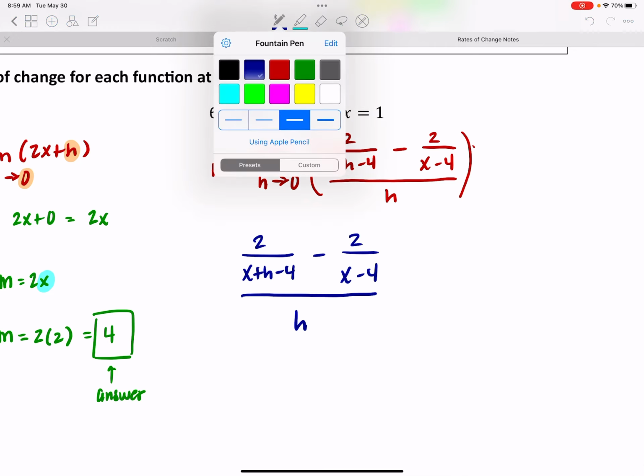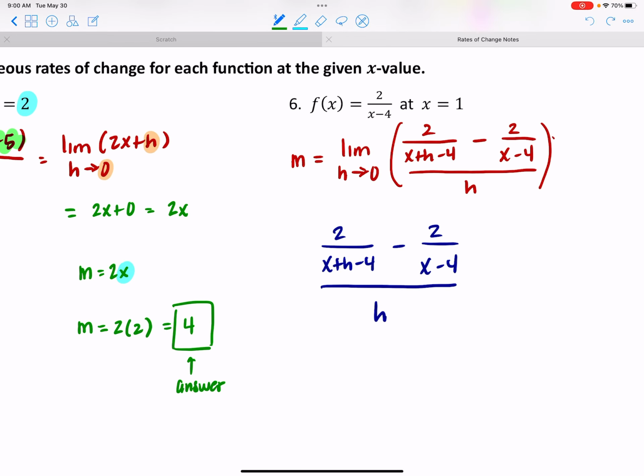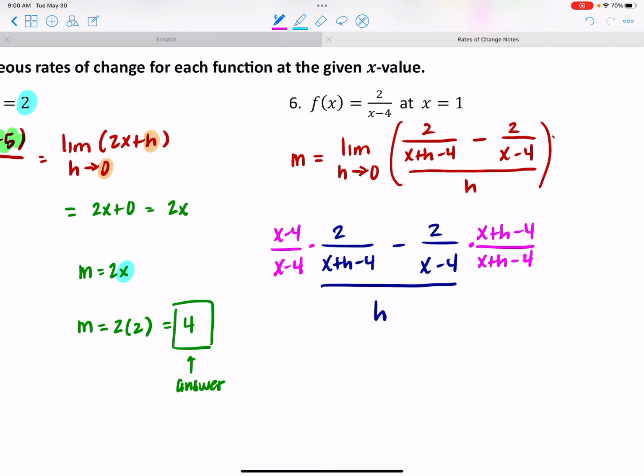So I'm going to multiply this fraction, let me use pink, this one by this denominator, so x minus 4. And this one by the other denominator, x plus h minus 4. And now my denominators look the same. They both have a factor of x minus 4. They both have a factor of x plus h minus 4. So this becomes 2x minus 8 in my numerator.